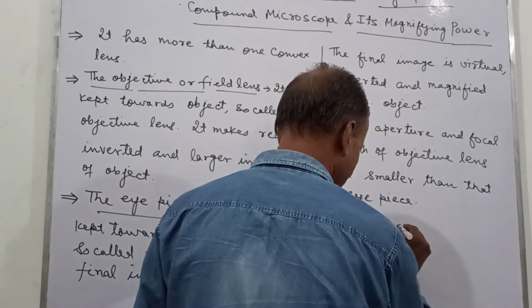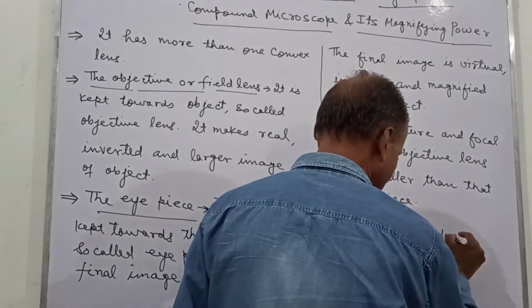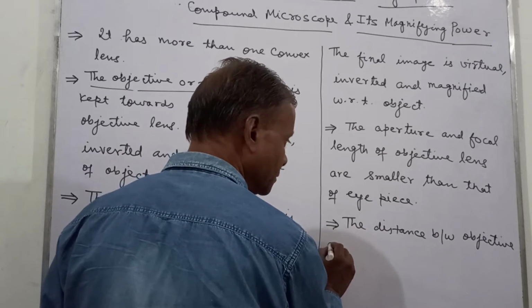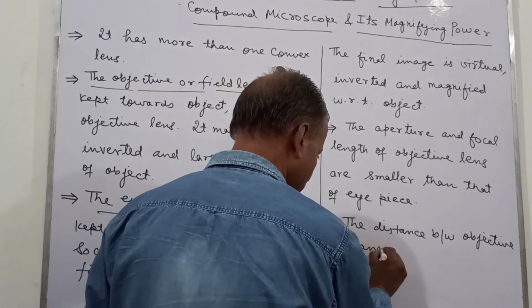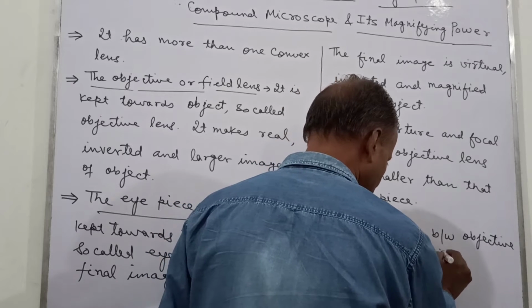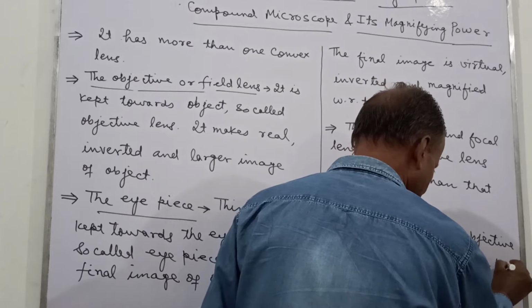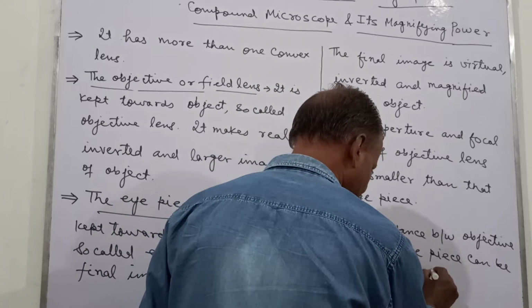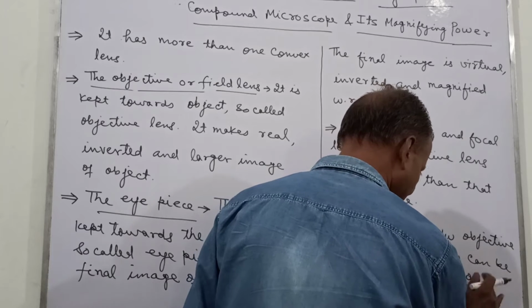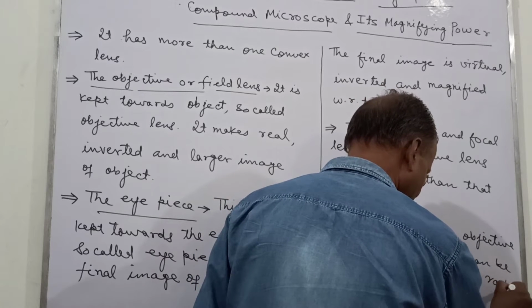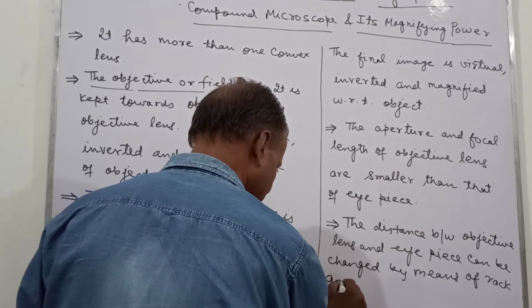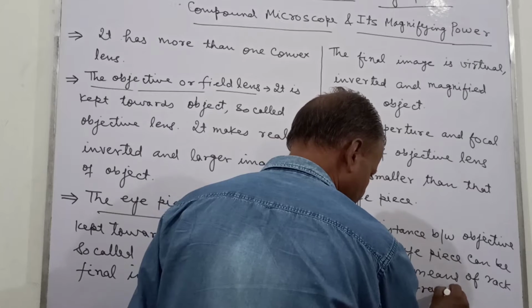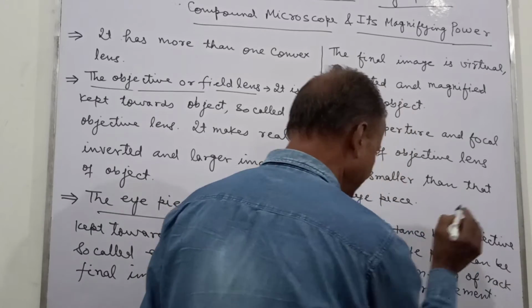The distance between the objective lens and the eyepiece can be changed by means of the rack and pinion arrangement.